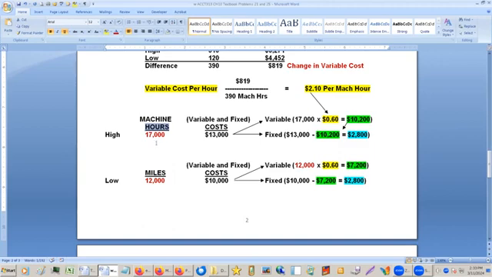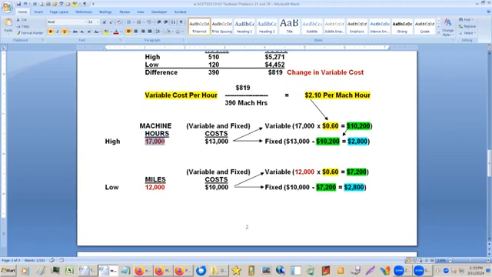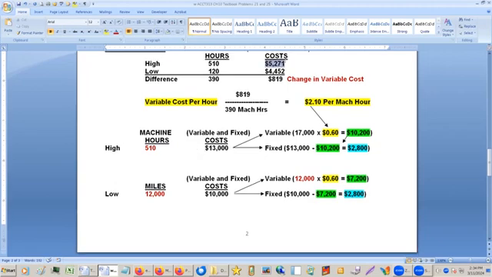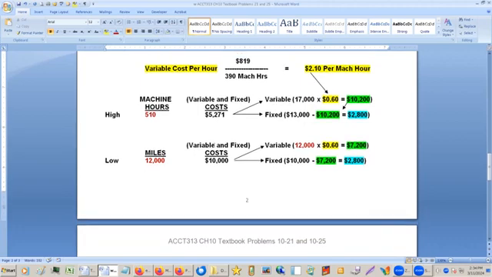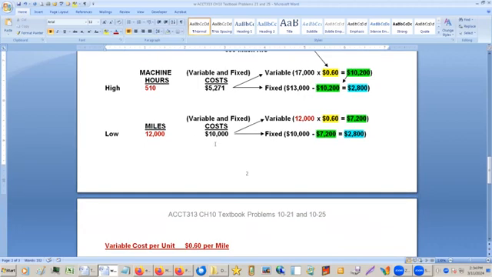So our machine hours, the high was what, 510? And the total cost with that, you can just do it up here, by the way. I'm just separating it out to get a little more room. Copy the same thing down here.